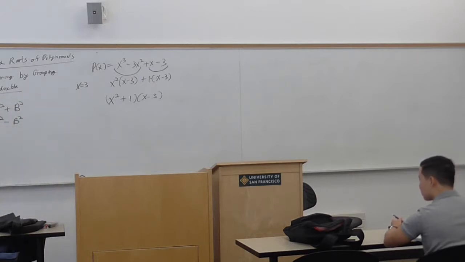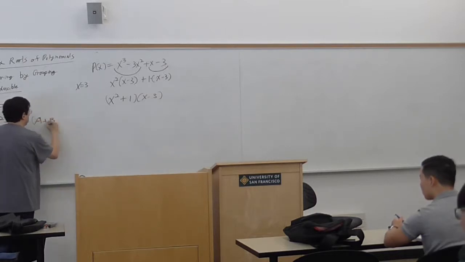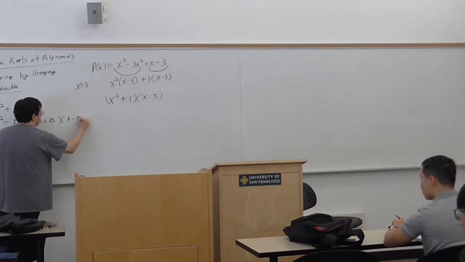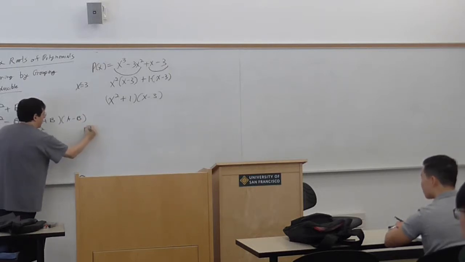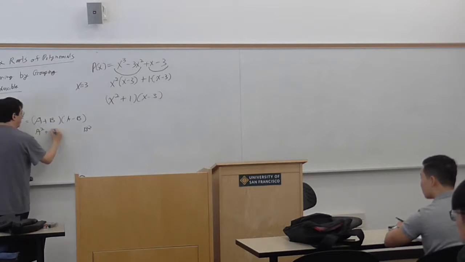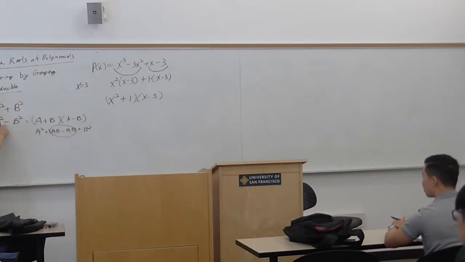This manages to get rid of it, right? A plus b times a minus b: a squared, b squared, and in between you get plus ab and minus ab. So that's how we get rid of it here. We can't get rid of it there.